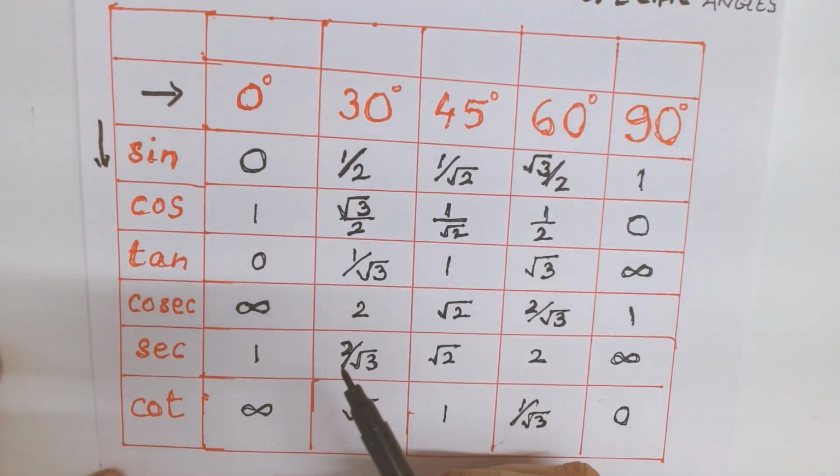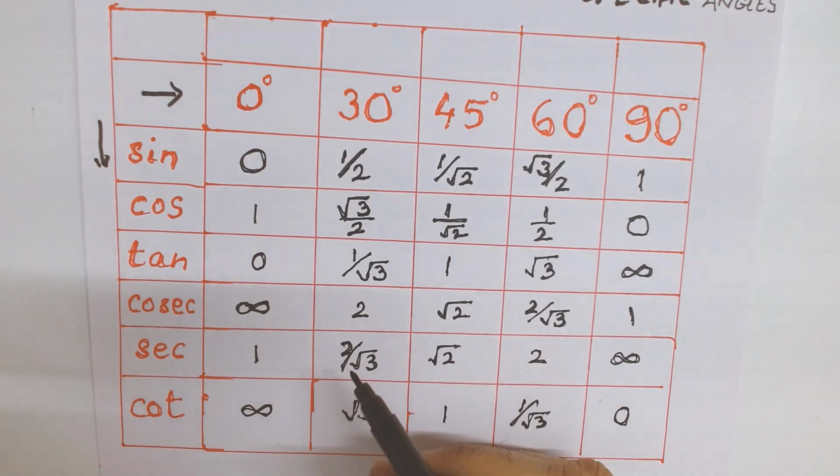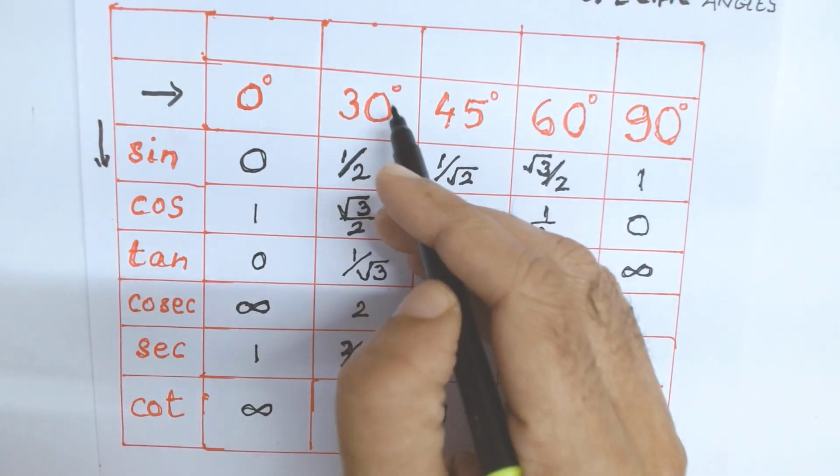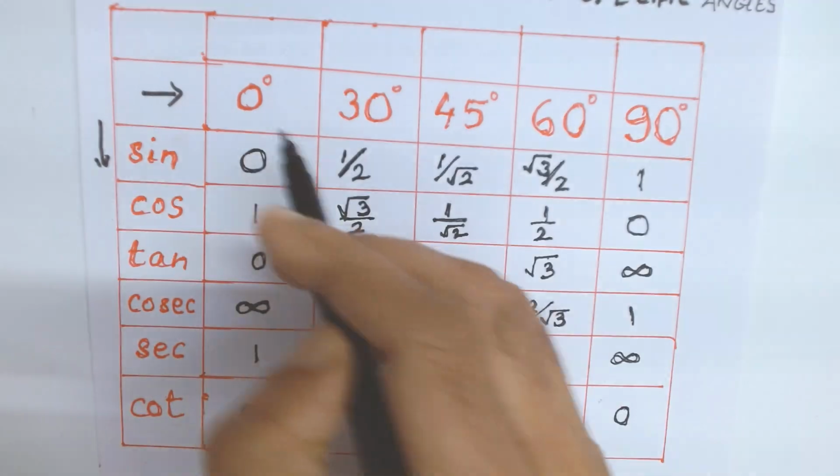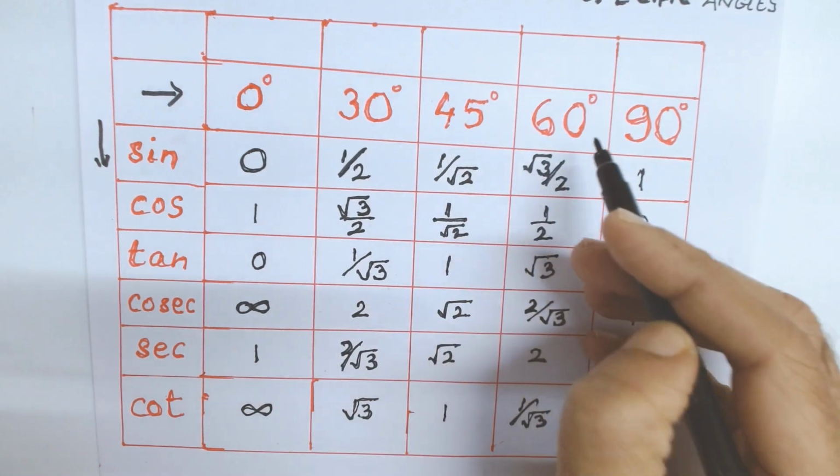If I tell you that you need to remember this, don't get worried, because there is an easy method of coming up with this table. All you have to remember first of all is that there are 5 measures: 0, 30, 45, 60 and 90.